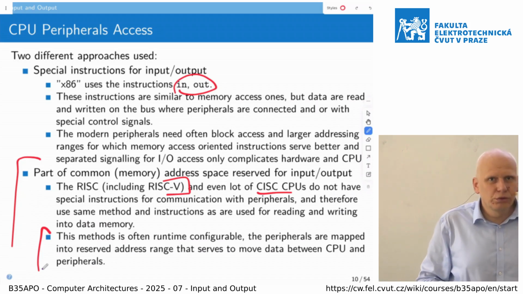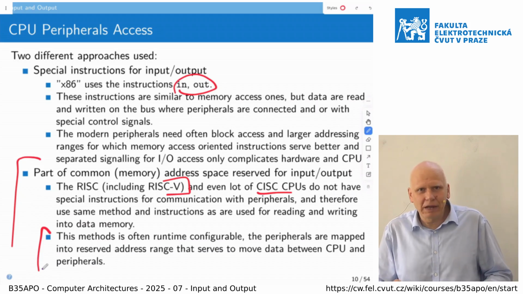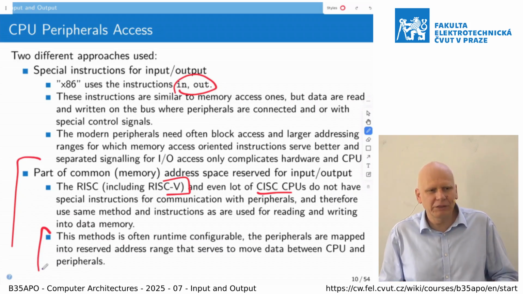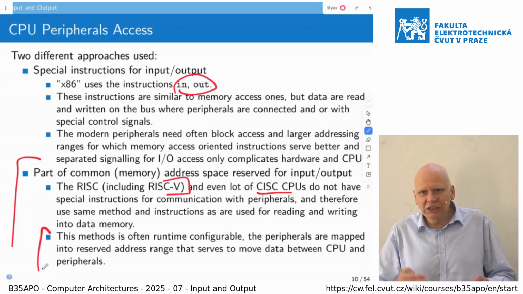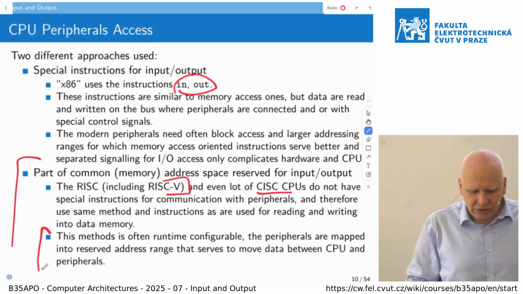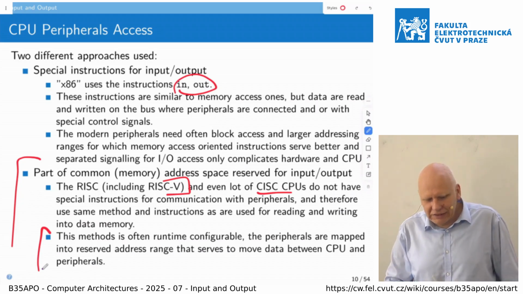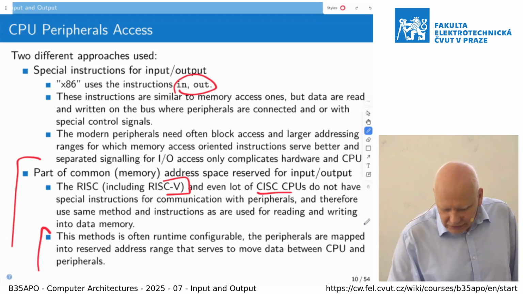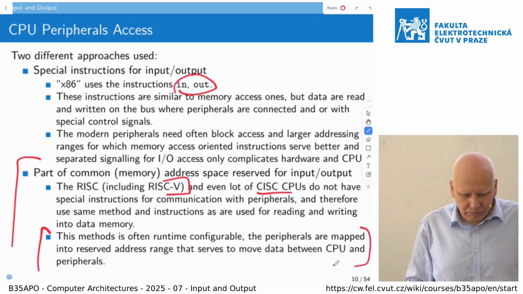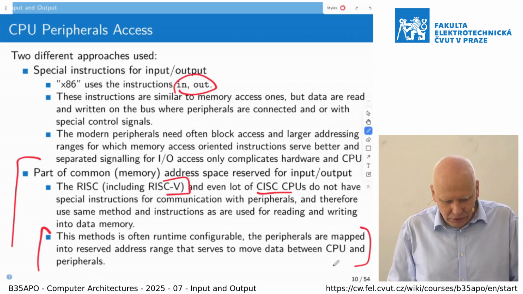Today, you do not want to take care of it, and mapping, for example, a video accelerator would be very complex because it has many ranges which are necessary to map with different properties into the address space. So it is done in a smarter way by base address registers and so on.